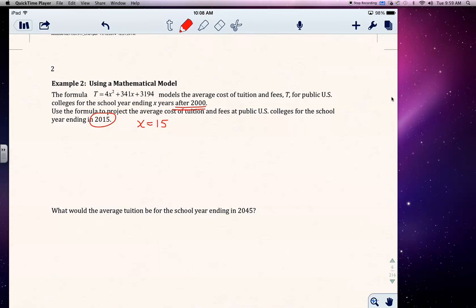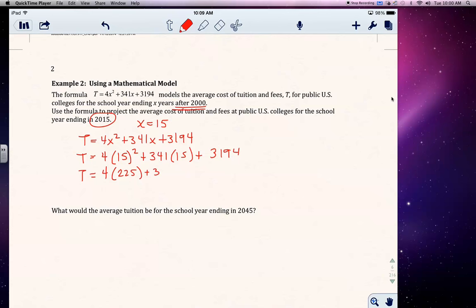So now we're going to project the average cost of tuition and fees for the school year ending in 2015 by using the formula T equals 4x squared plus 341x plus 3,194. So we're going to do our order of operations, and do the exponential expression first. 15 squared is basically 15 times 15, and I get 225.